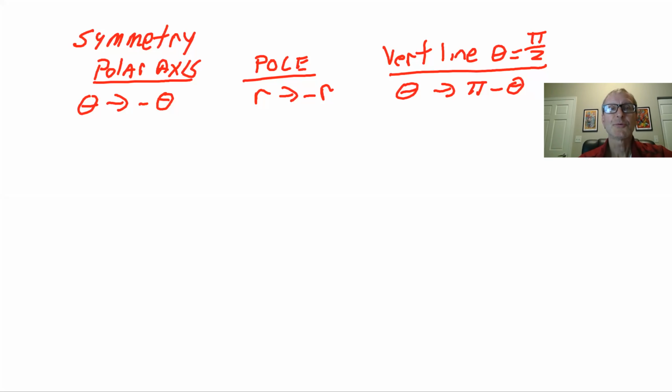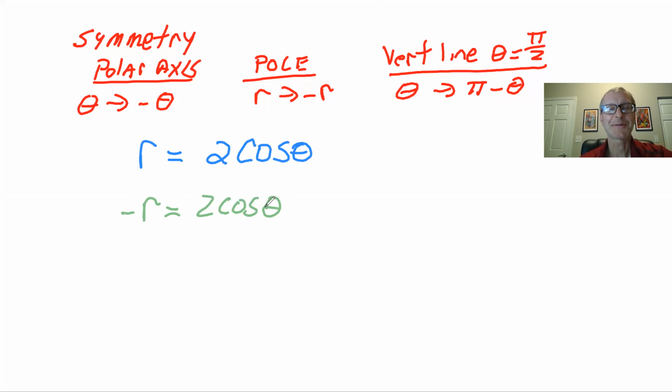So moving on to the symmetry around the pole, where we're replacing r with minus r. I think this one is probably the easiest one. So if we go back to an equation that looks like this, and we just say, okay, replace r with minus r, and you could see by definition, these two are opposites of one another, right?